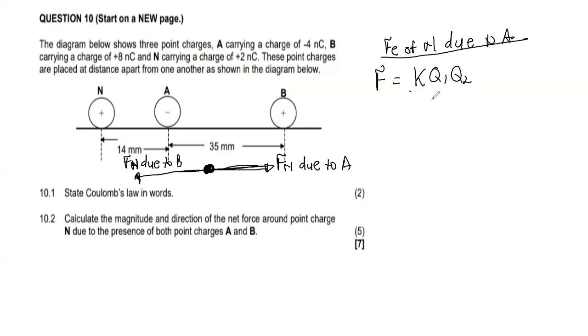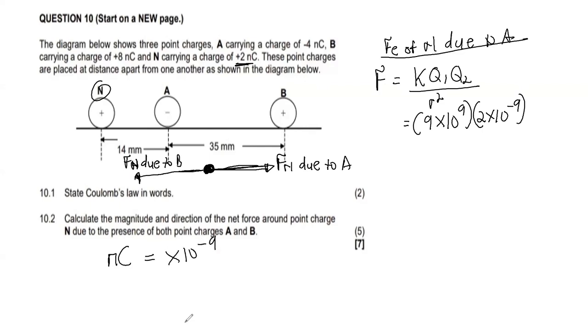Our K is 9 times 10 to the exponent of 9. And then our Q1, we can take as our charge N, which we are told is carrying a charge of 2 nanocoulomb. So that's 2 times 10 to the exponent of negative 9. Remember your conversions. If we have nanocoulomb, this converts to times 10 to the exponent of negative 9.